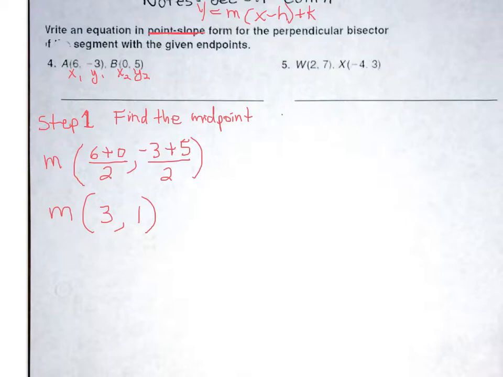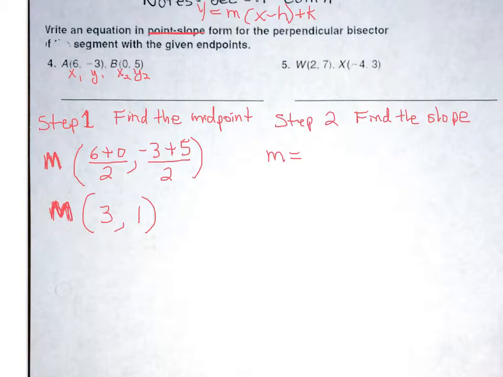And step 2, we need to find the slope. By the way, the midpoint is capital M, and the slope is a small m.